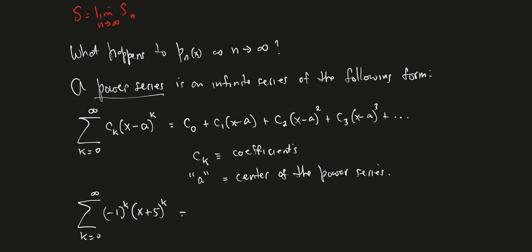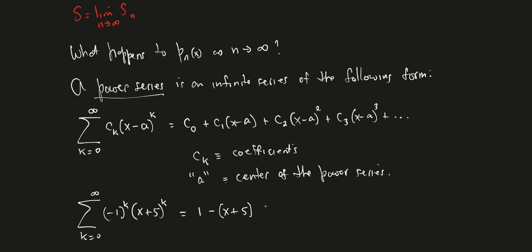If we write it out, now that we have the actual formula for the coefficients and we know what a is, this is what it would look like. When k is equal to 0, everything here is equal to 1, so you'd start at 1. When k is equal to 1, this becomes a negative 1, so you'd have negative the quantity x plus 5 to the first power. I won't write that exponent there.